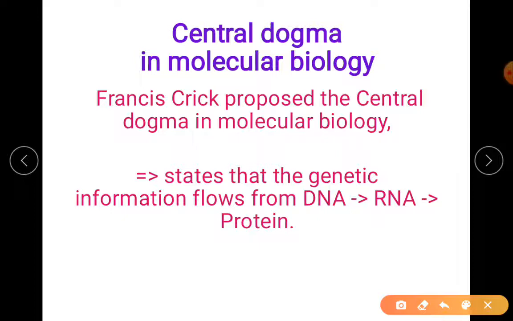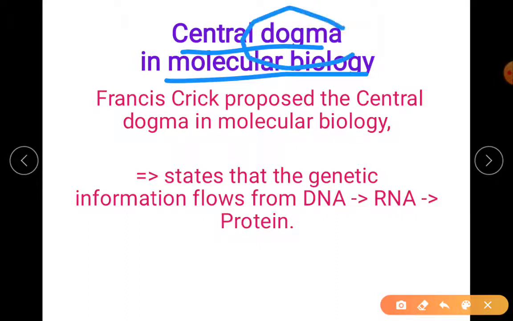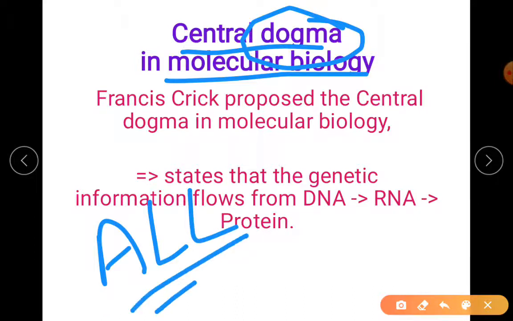So what did Francis Crick call this method? Central dogma of molecular biology. When I say central dogma, it is the main principle. Dogma means set of principles. So it is the main principles followed in all organisms. It is universal. That is what Francis Crick found.